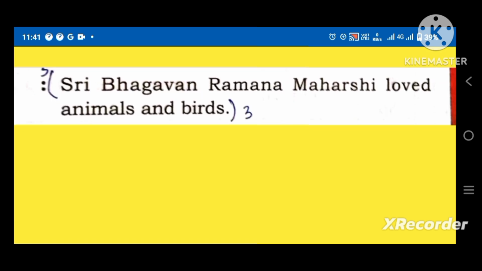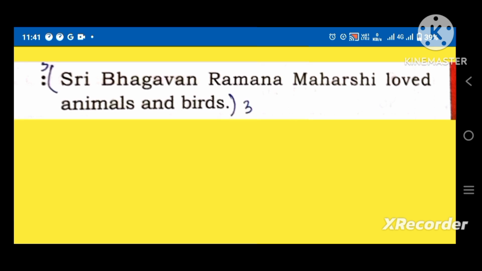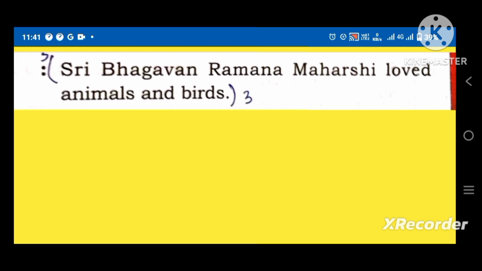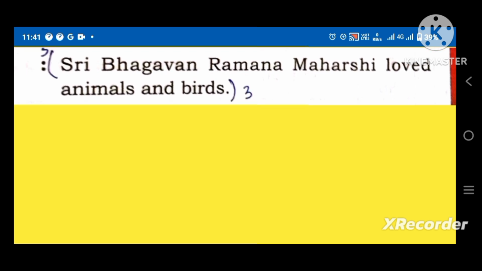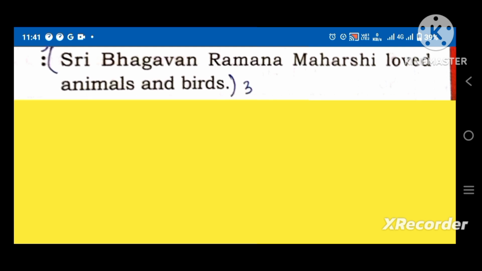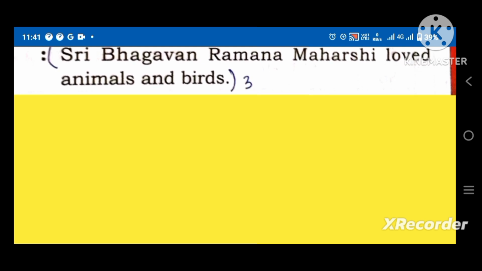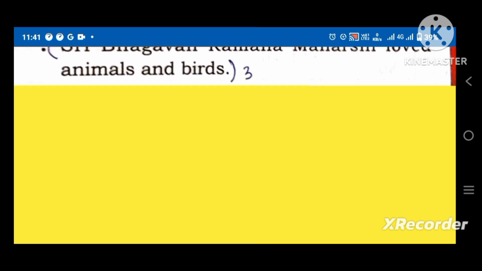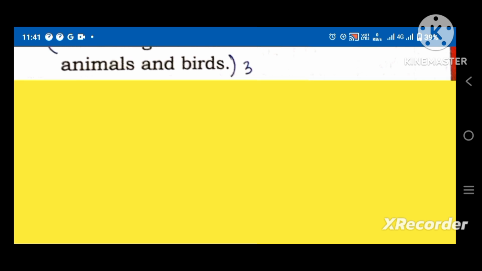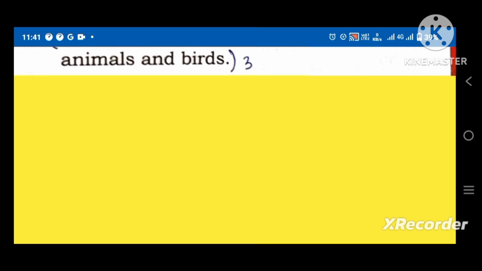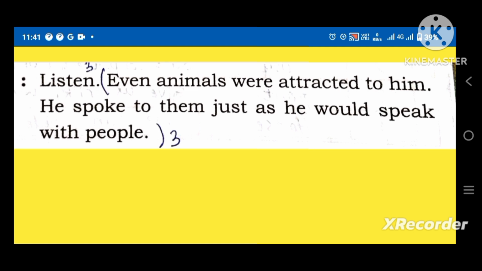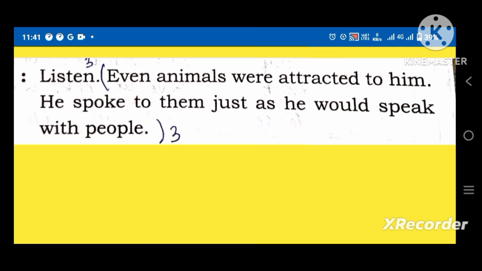Sri Bhagavan Ramana Maharshi loved animals and birds. Even animals were attracted towards him.